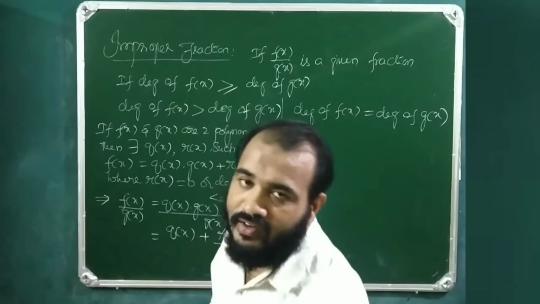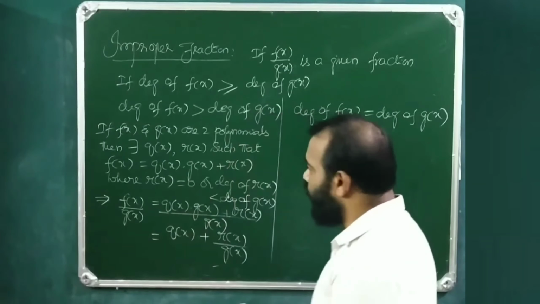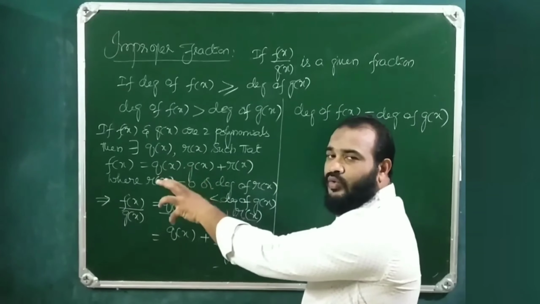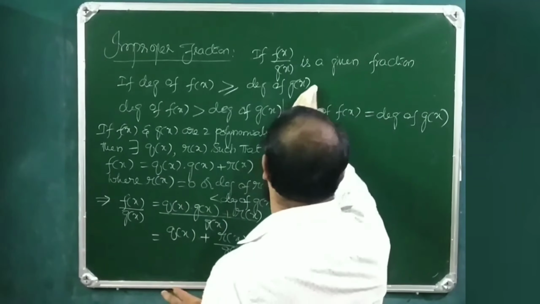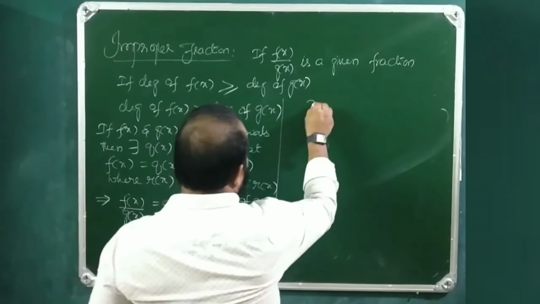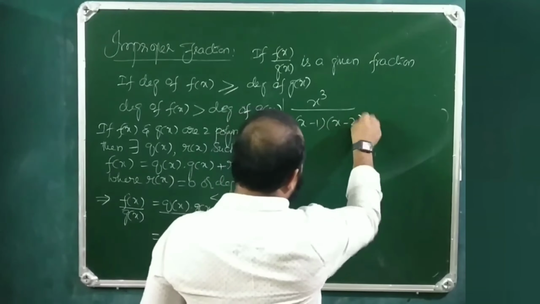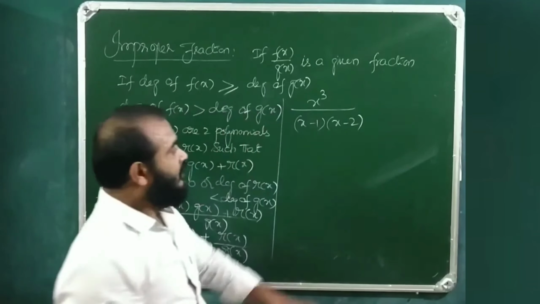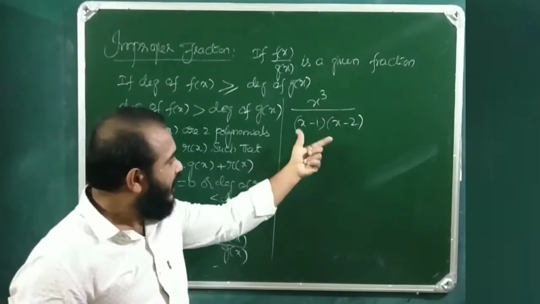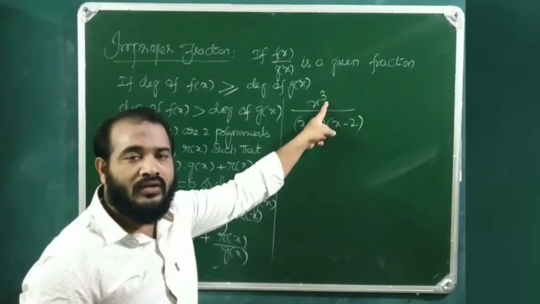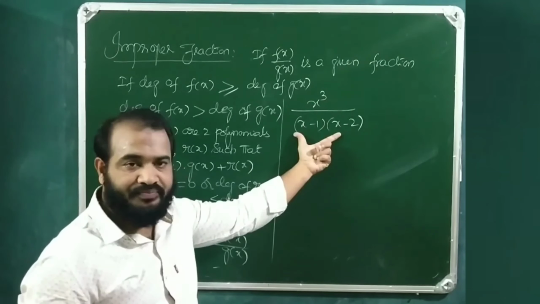So let us work through an example of how to resolve an improper fraction into partial fractions. Let us take x cube by x minus 1 into x minus 2. First of all, this is a polynomial in x and this is a polynomial in x, a rational fraction, or simply a fraction.